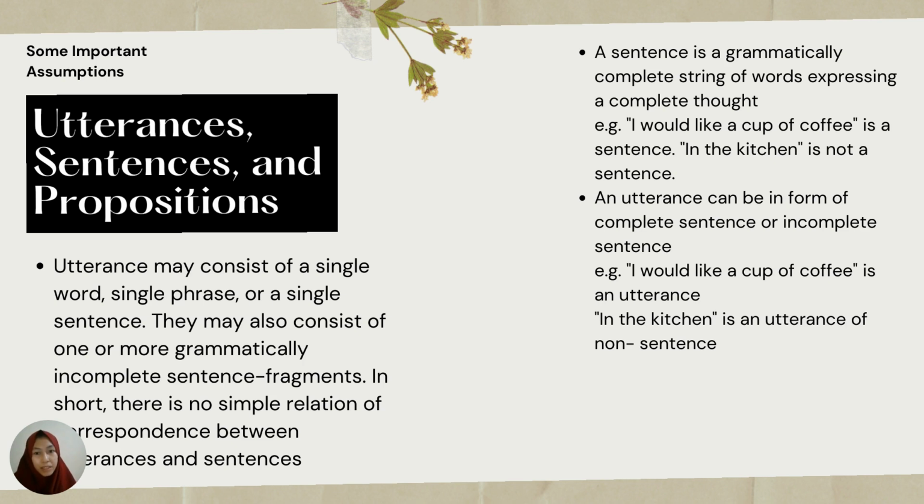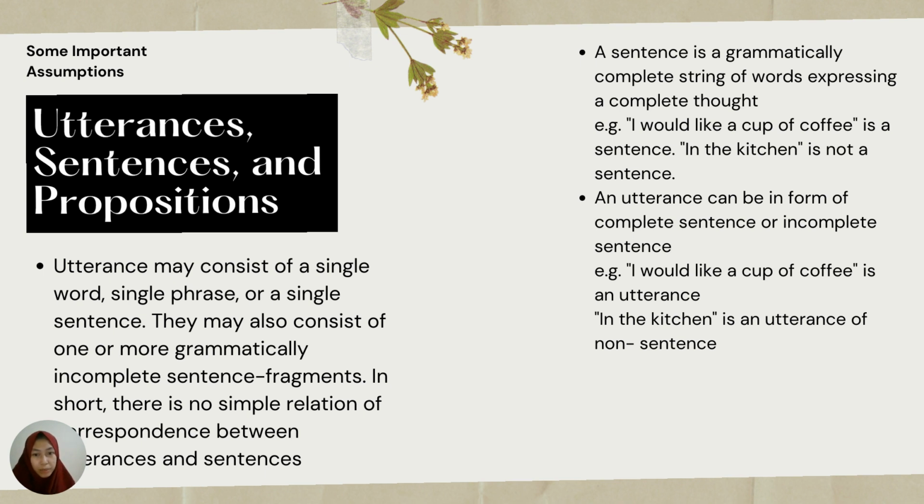Utterances may consist of a single word, a single phrase, or a single sentence. They may also consist of one or more grammatically incomplete sentence fragments. In short, there is no simple relation of correspondence between utterance and sentence. A sentence is a grammatically complete string of words expressing a complete thought.